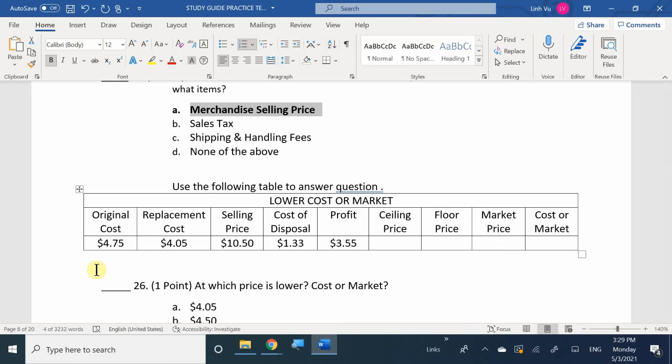Your original estimated selling price was $10.50. To dispose of the item, whether to sell it or to buy back the item, is going to cost you $1.33 per item. And the amount of profit you want to try to get out of it is $3.55. So, how do you solve for the ceiling price?